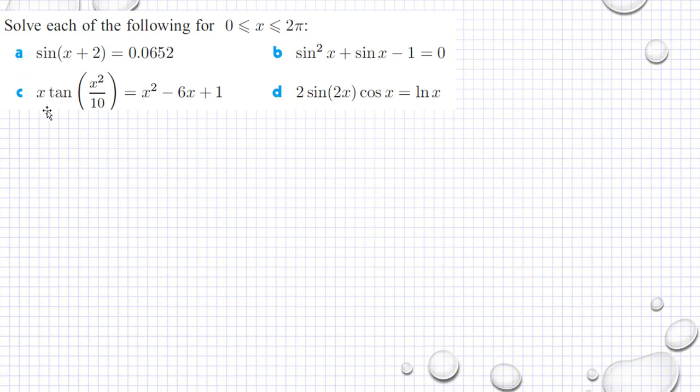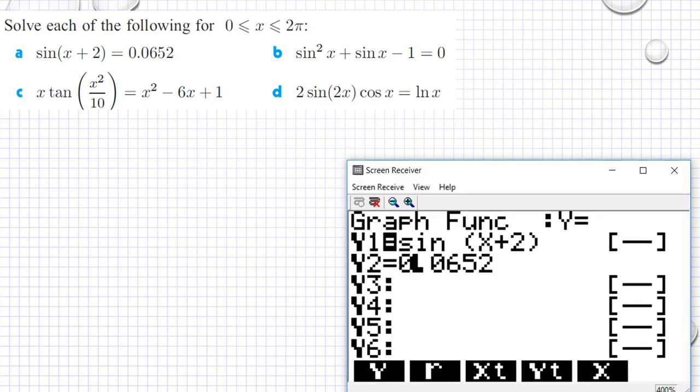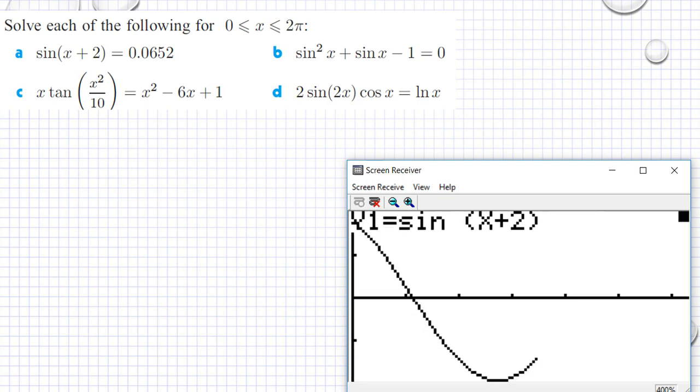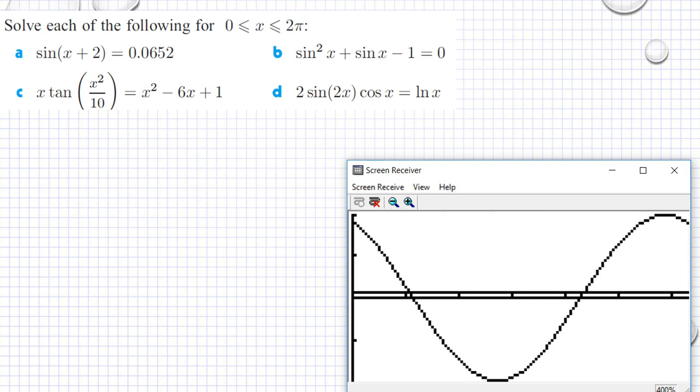For the next example, we have also from 0 to 2 pi. Let me prepare for A now. Here is mine: sine of (x plus 2) is equal to 0.0652. If I graph that, then there is my graph, and I have 2 points there.